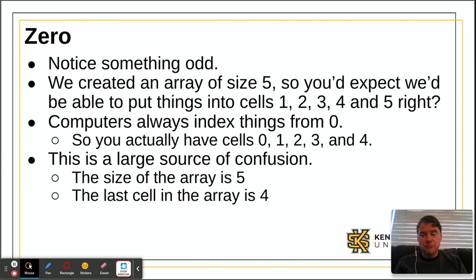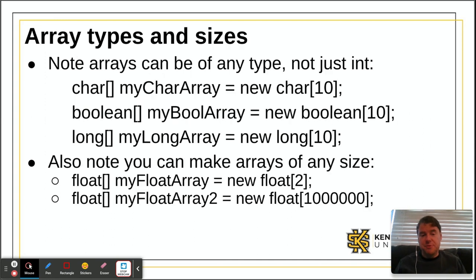And this is really the most confusing part of arrays. It is probably the thing that you will struggle with the most, because very often you create an array of size 5, and then you try to put something into cell number 5, and you can't do that because there is no cell number 5. So very important to get that. I know I've said it a bunch, but we'll keep seeing it as we go.